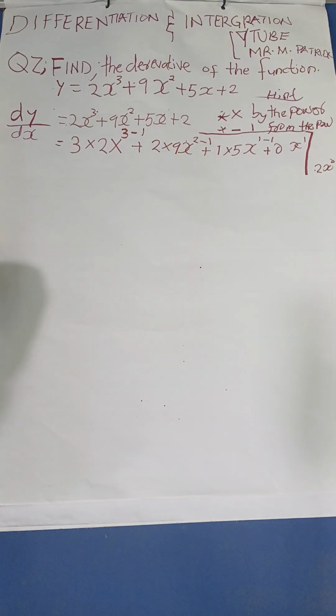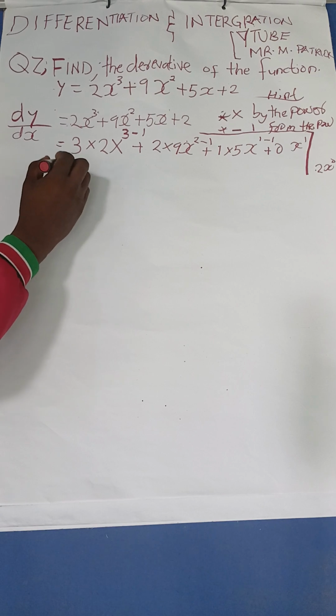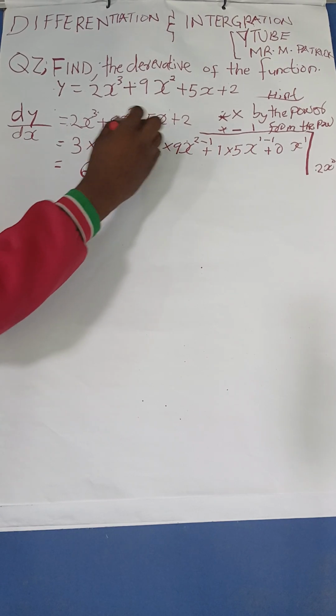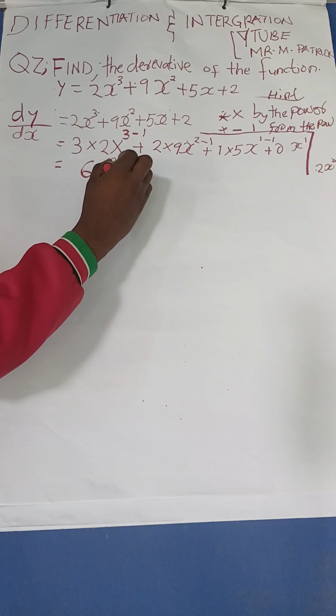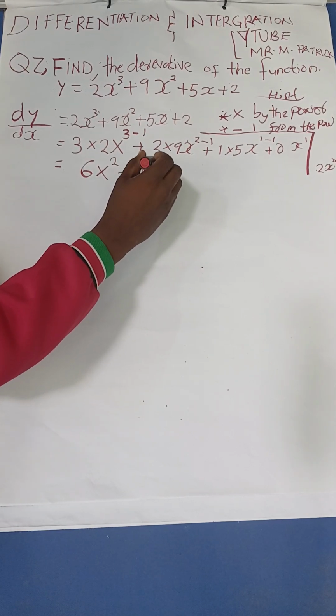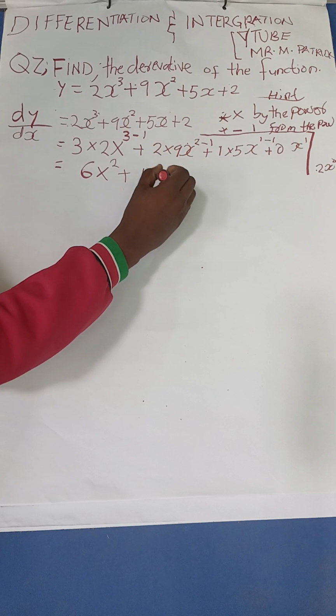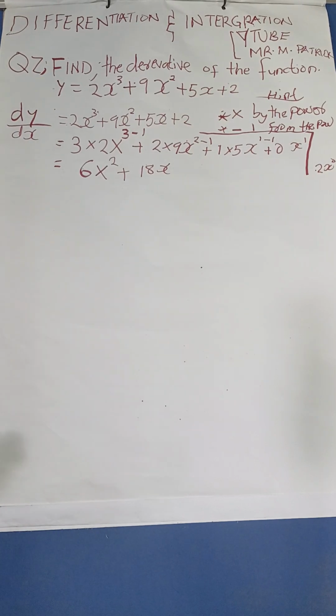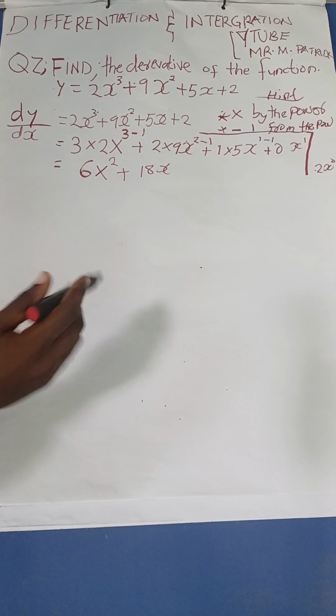It is very easy. Now we go ahead. It will be 6x, with the power 3 minus 1 being 2, plus 2 multiplied by 9, it will be 18x power 1. You can just leave the 1, it means power 1.